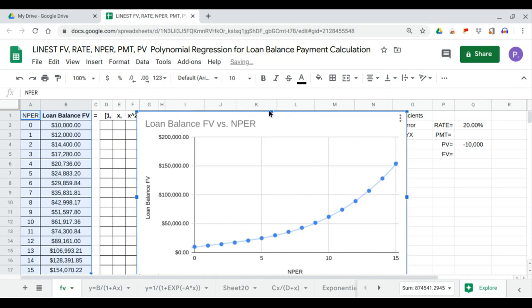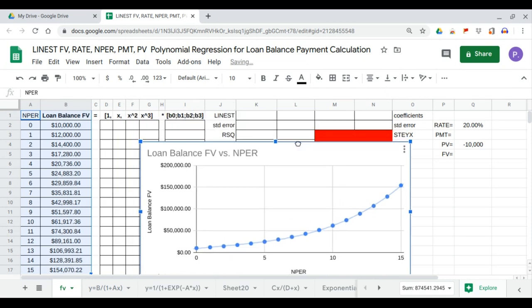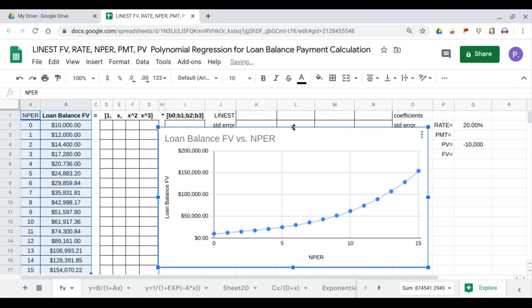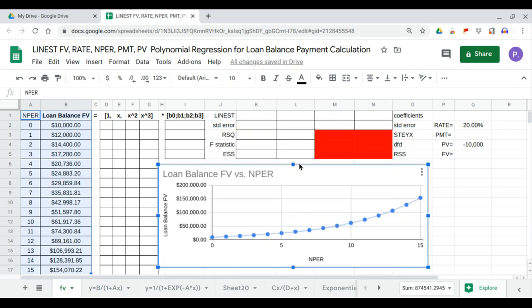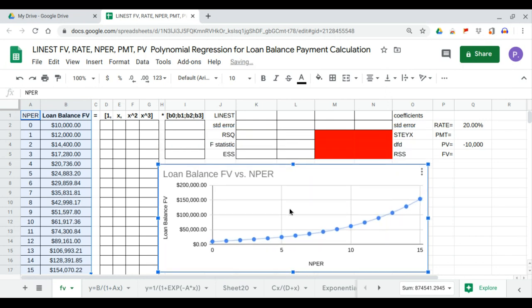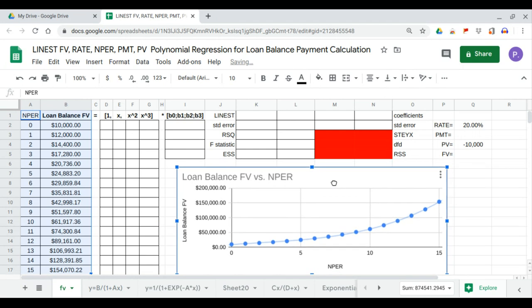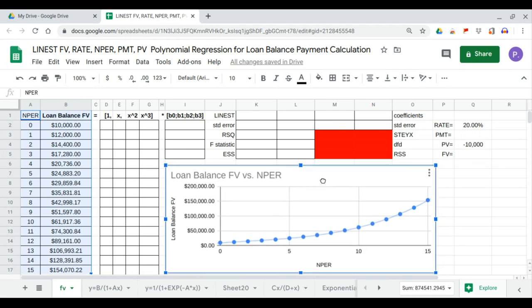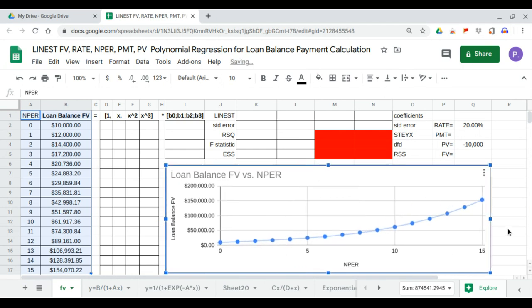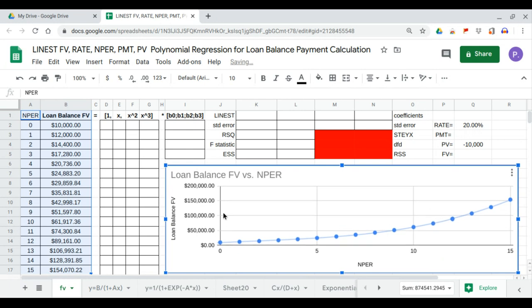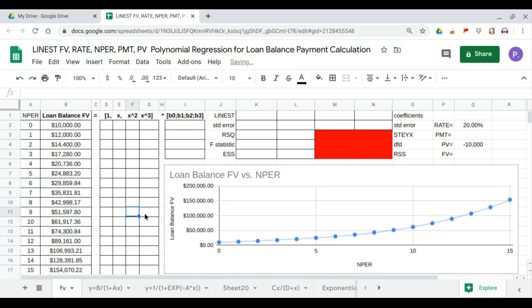And you see our credit card balance rises from 10,000 to 254,000 on the 15th year. That is, if I don't make any payments to the credit card.